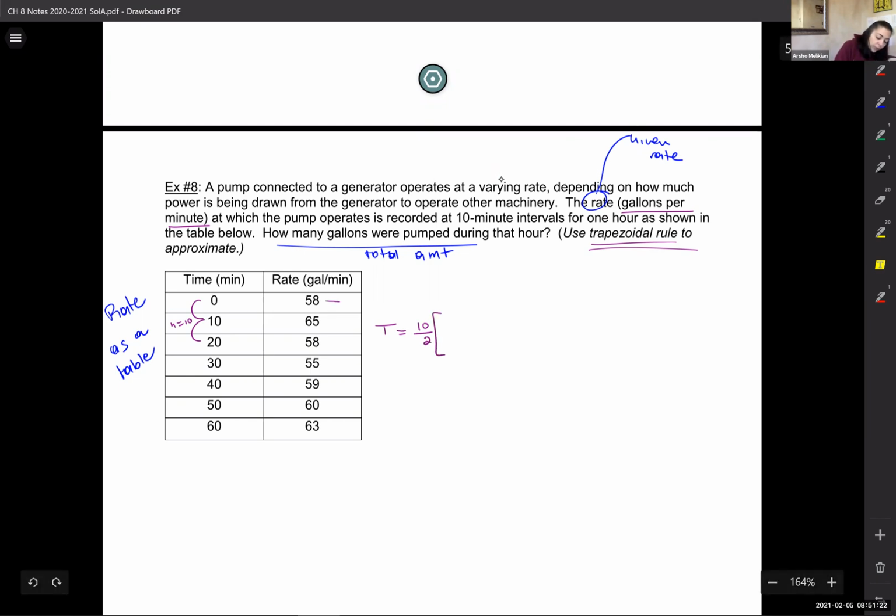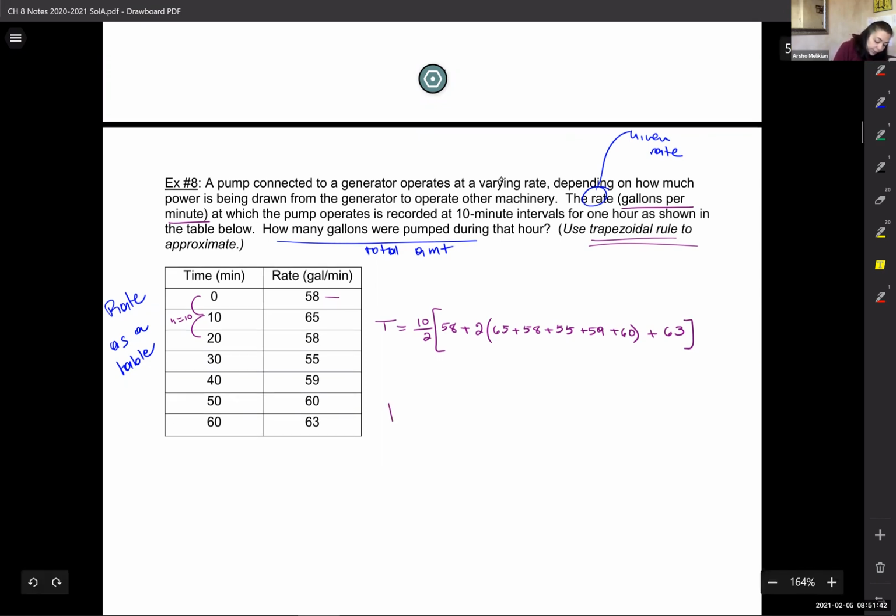And then we start with the first number, 58, plus 2 times the ones in the middle, plus 1 of the last one. And the total is 3575.